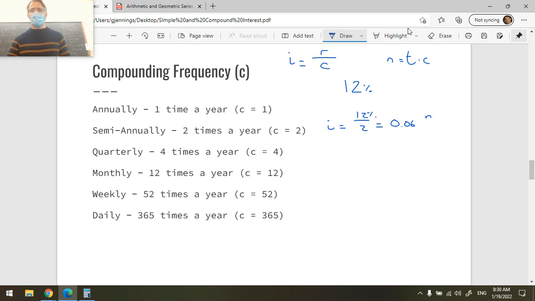And the N would be T times C. Let's look at 5 years. N would be T times C, so that would be 2 times 5, so N would be 10. And I would be 0.06.